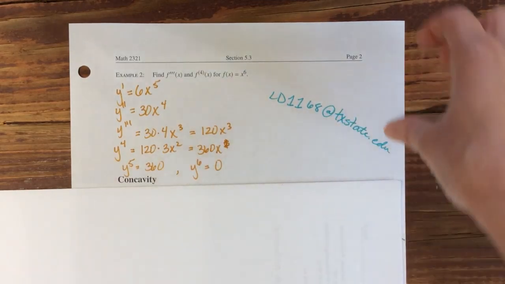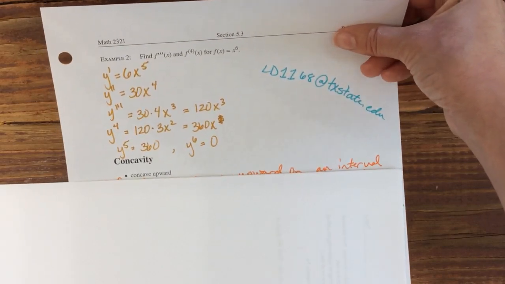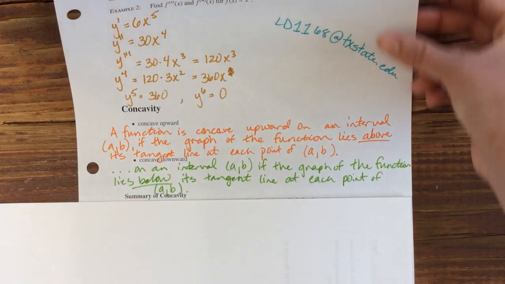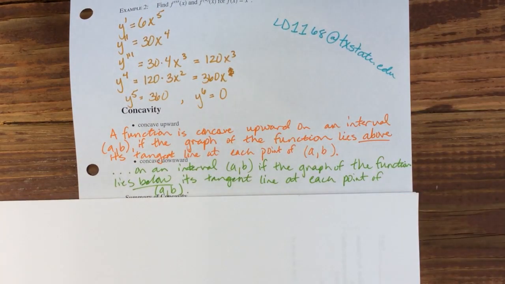Okay, so now we're going to talk about what concavity is. So we've got concave up and then concave down. So a function is concave upward on an interval a to b if the graph of the function lies above its tangent line at each point a to b.